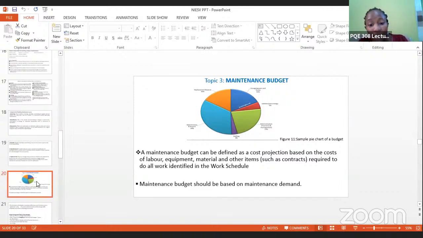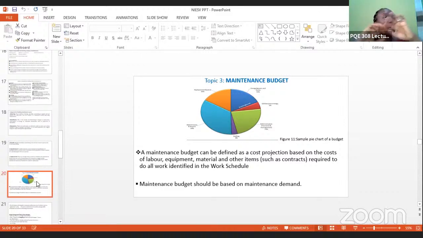Because looking at this figure 11, I can see that the red part of my pie chart means little budget is being allocated for that purpose, while the sky blue part is showing that a larger part of my budget is going to that area.